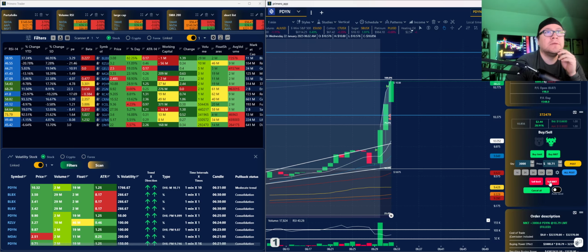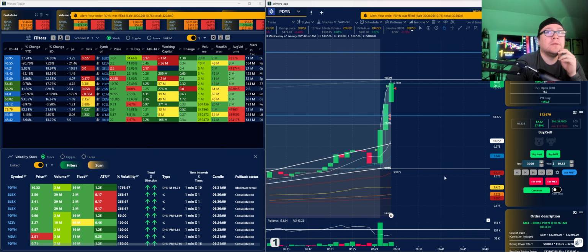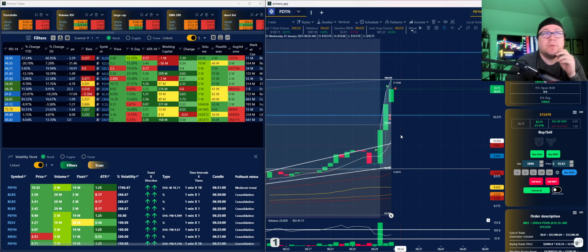Come on. If it goes below my entry point right now, I'll get out. It needs to break. Oh, we're out. We're gonna wait for a pullback here.